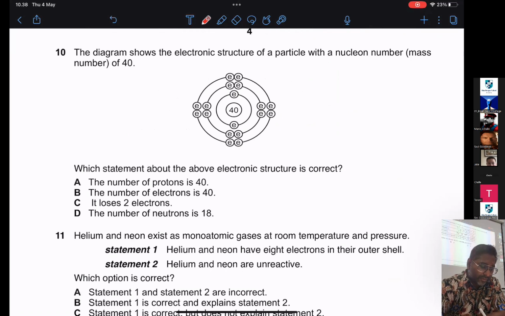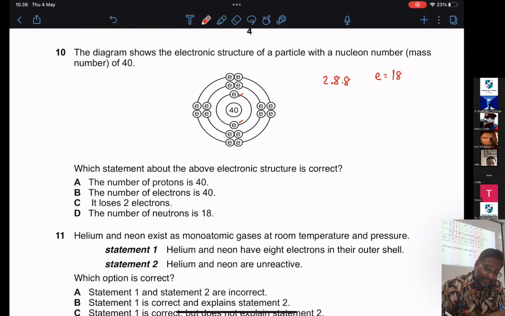Group 7 is non-metal also. 17, 2, 8, 7, non-metal also. 19, 2, 8, 8, 1, group 1. And this one is 2, 8, 8, 1, group 1 also. So both of them are metal. Group 1 are metal. So how many are from non-metallic elements? 4. Hope this is clear.